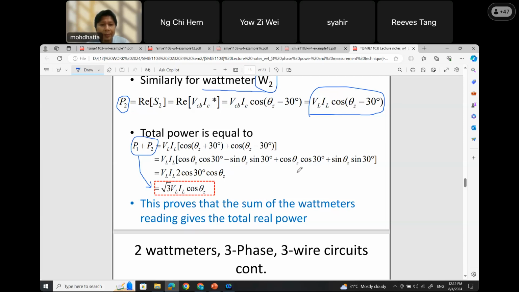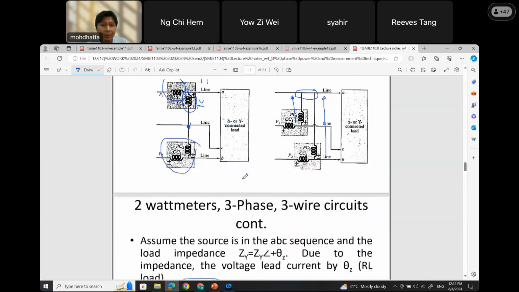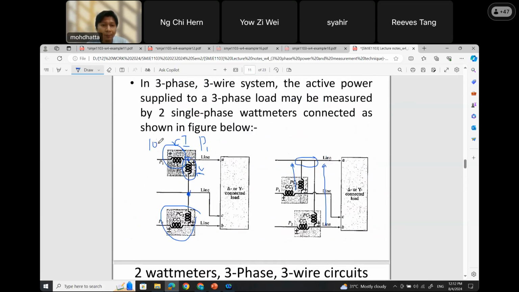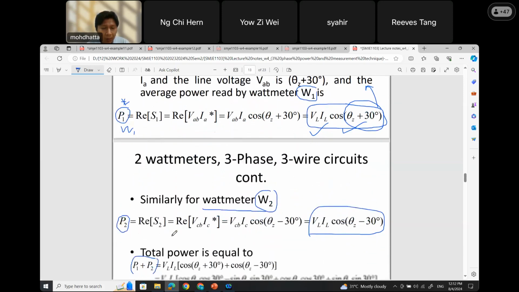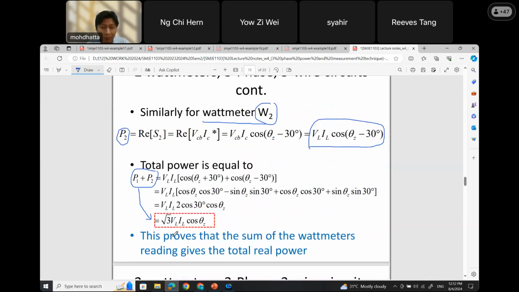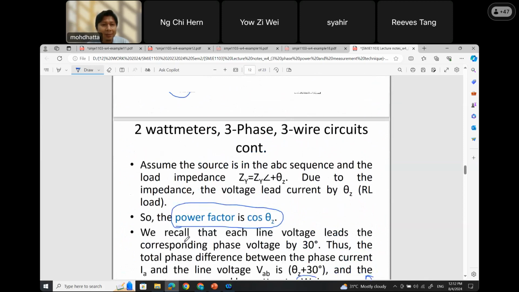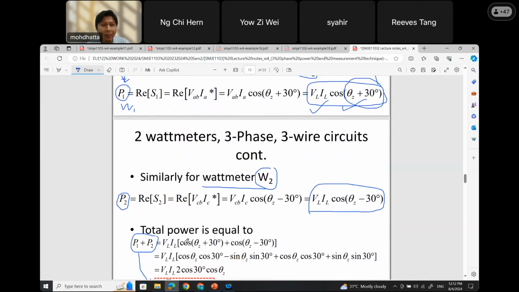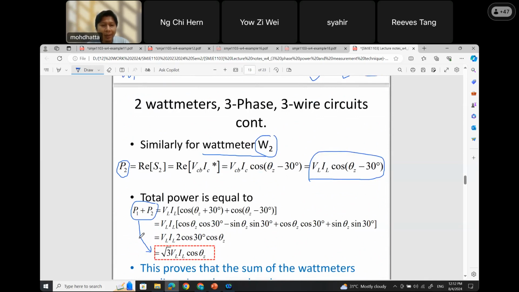All right, now in order to have our total three-phase active power, or total average power, let's say I have a reading over here, this is 10 watts, and maybe this is 20 watts. Total active power, or total average power, or total real power, I would say is 30 watts, because 10 plus 20 leads us to the total average power in this case.